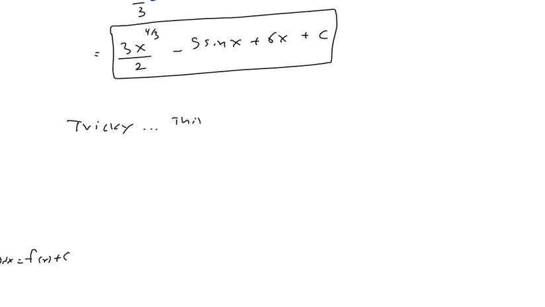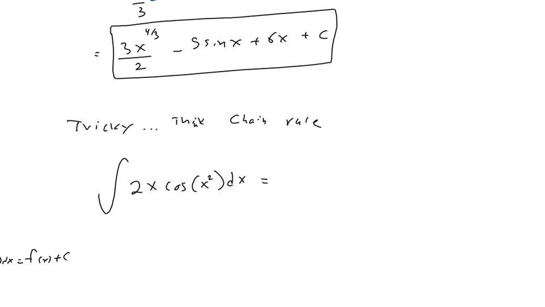What if I did the integral of 2x cosine x squared dx? What would the integral of this be equal to?